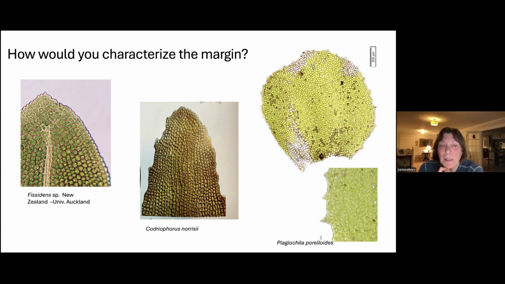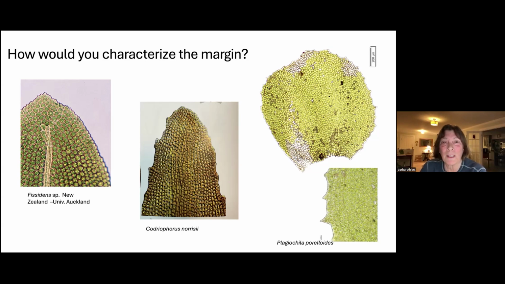I think the take home message is, when you're keying out, you're at the mercy of whoever wrote the key, or the work, the descriptions as well as the key, and you just have to get to learn how that individual characterizes things. If you're ever in a position to write your own, though, I'd say avoid words like dentate and serrate as much as possible and describe what you actually see.